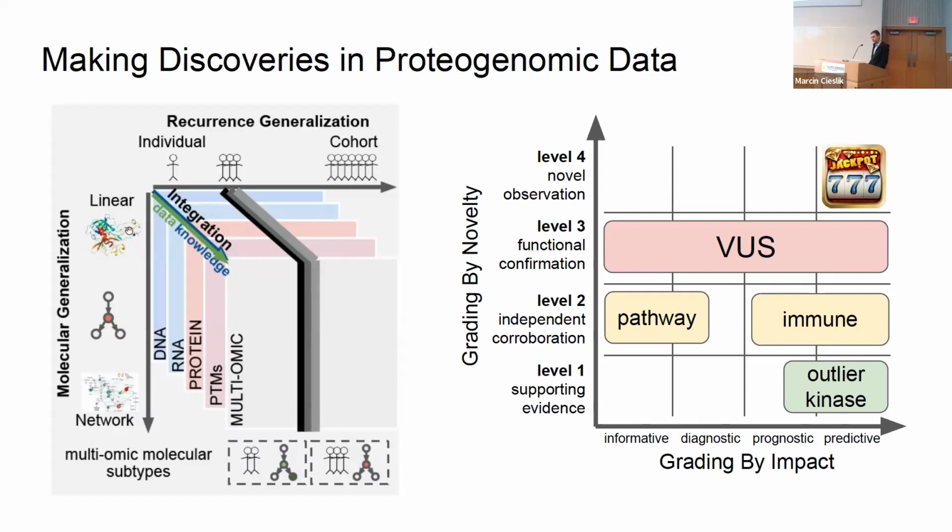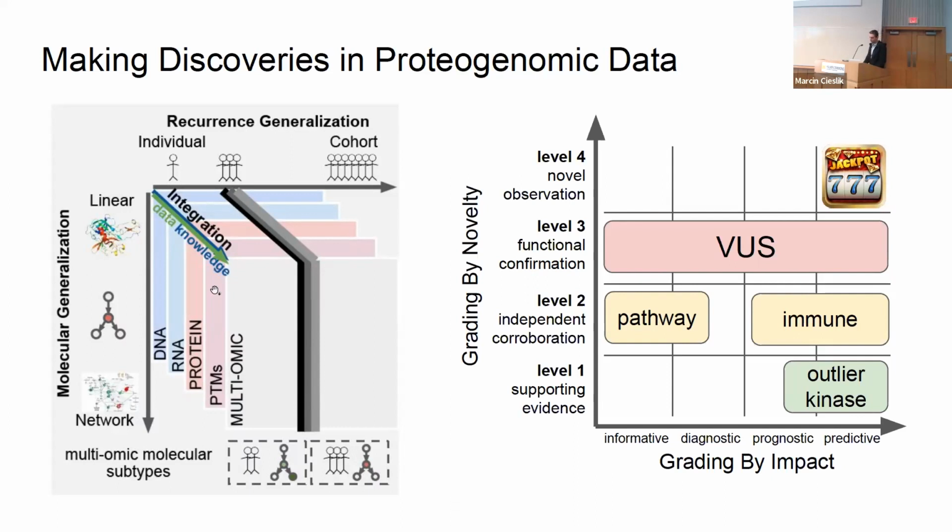And we also want to generalize the molecular findings at the molecular level, going from individual mutations in driver genes all the way to signaling networks. Again, trying to see what is common rather than what is completely unique.